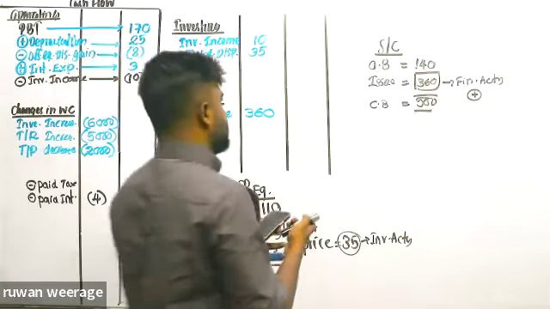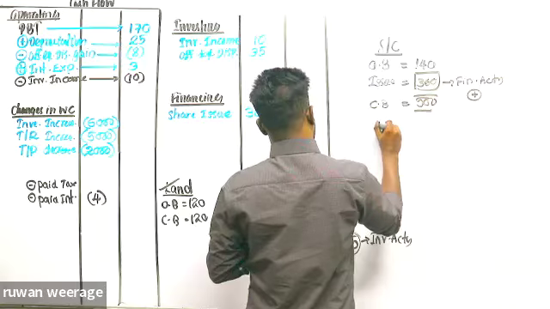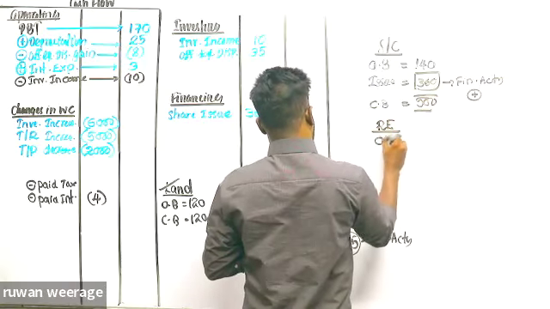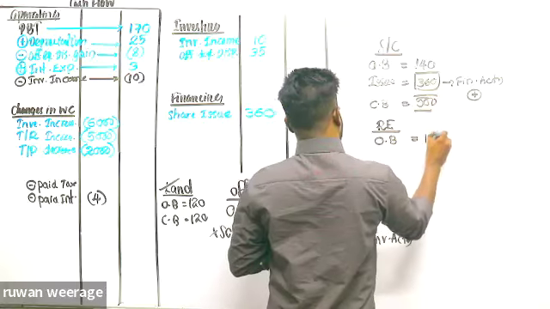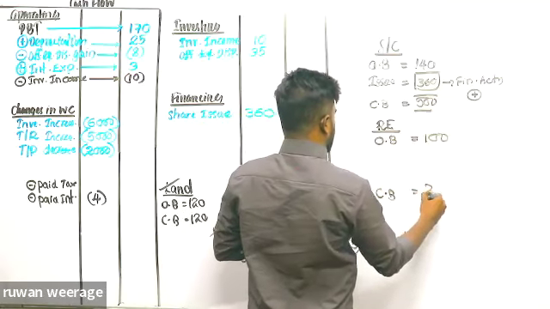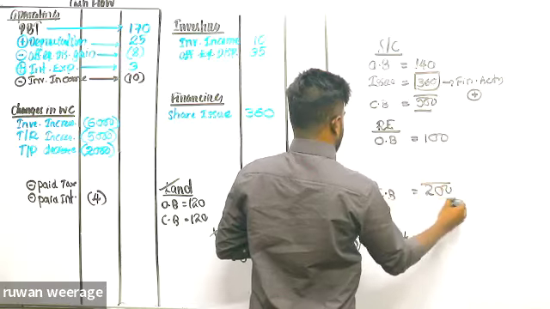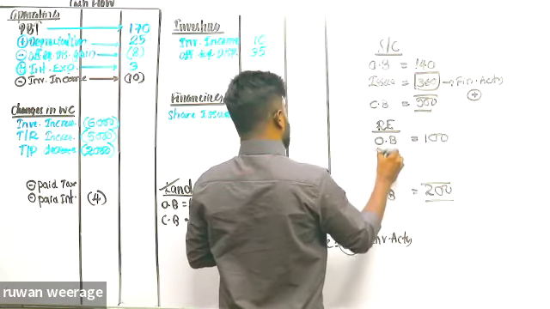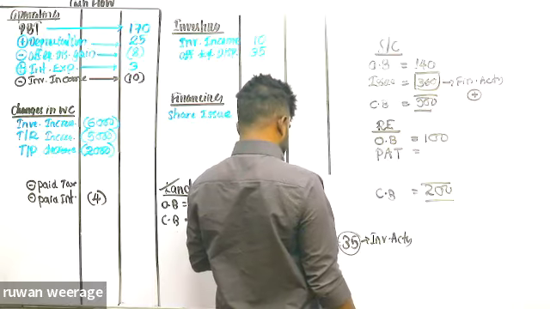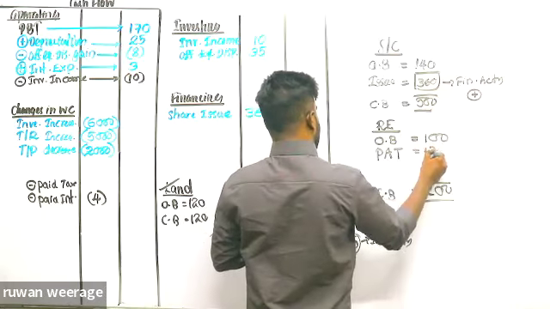Next one, retained earnings. Retained earnings opening balance 100, closing balance 200. Right? What are the transactions you have to identify? Profit after tax, profit for the period. How much? 130.